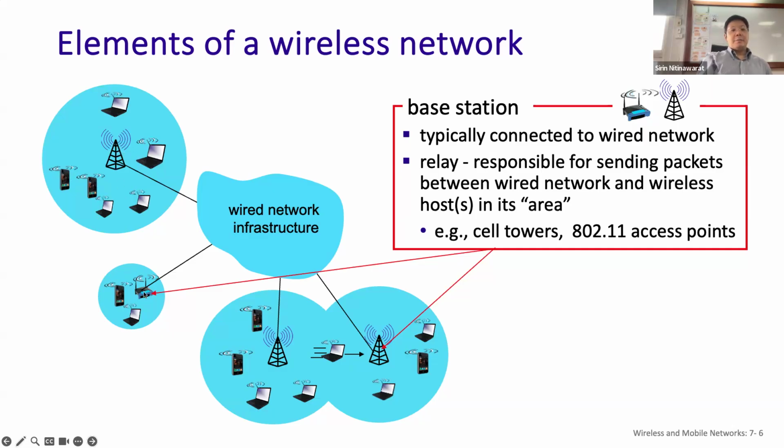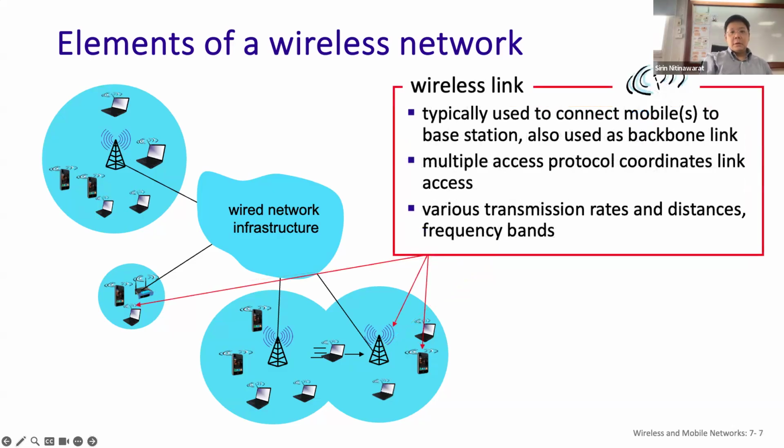Similarly for this access point. So all of these are wireless networks, as you can see by the fact that all the edge links, by which I mean the links between the infrastructure device and all end devices, are wireless.